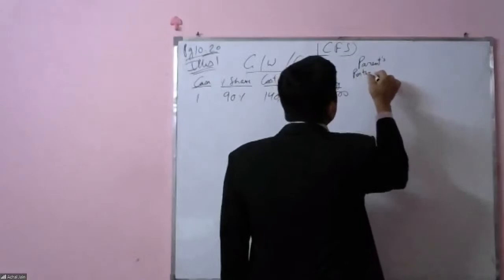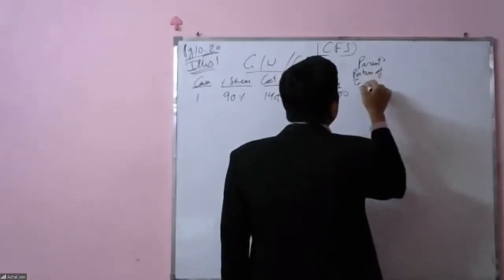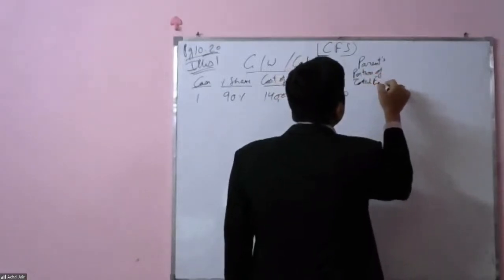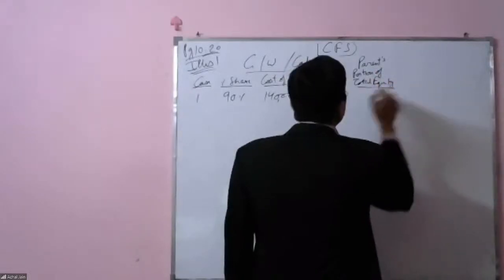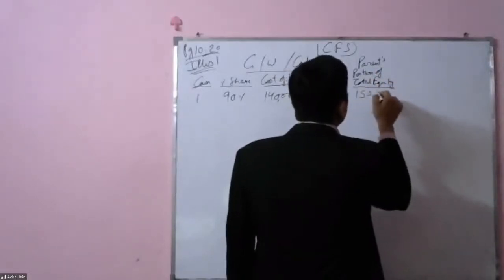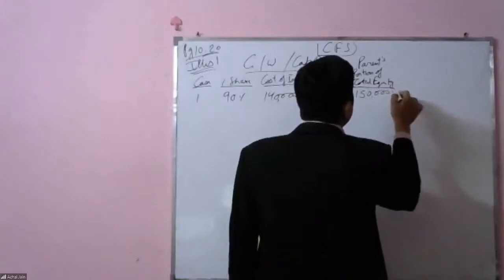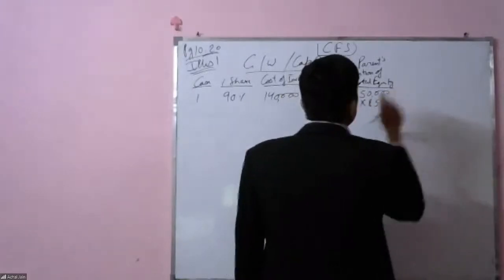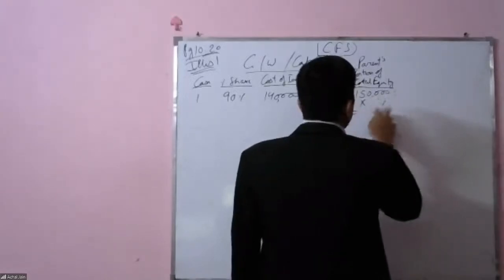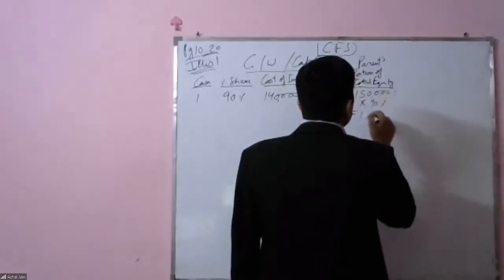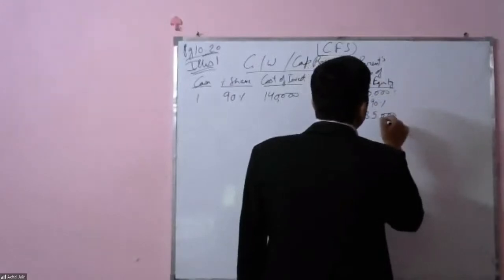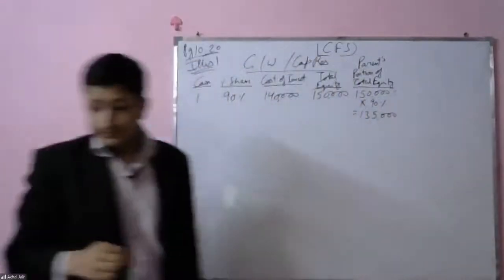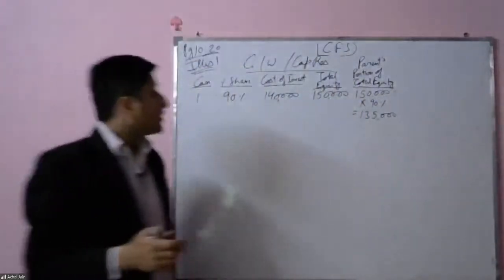So the parent's portion of total equity, what it would become? 1,50,000 into 90%. So this becomes 1,35,000. So now what do we get?